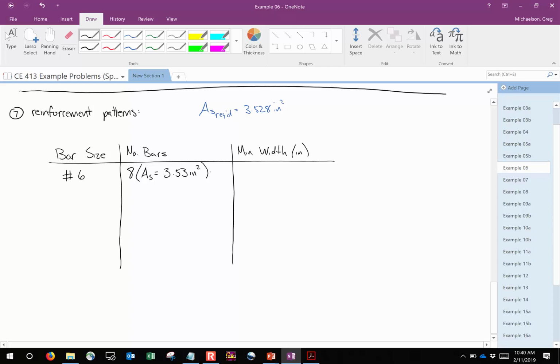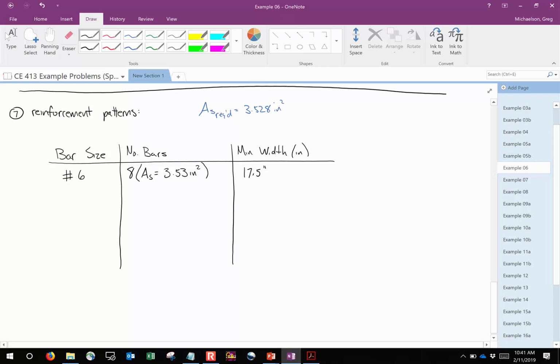Okay. Now, that's what the upper table tells us. What about the lower table? Let's say that I use 8 number 6 bars. How wide would the beam need to be? 17.5 inches. Does everybody see that?